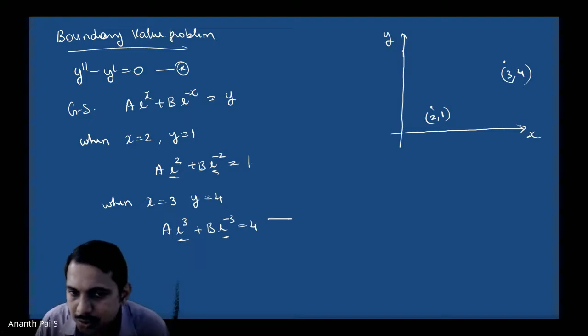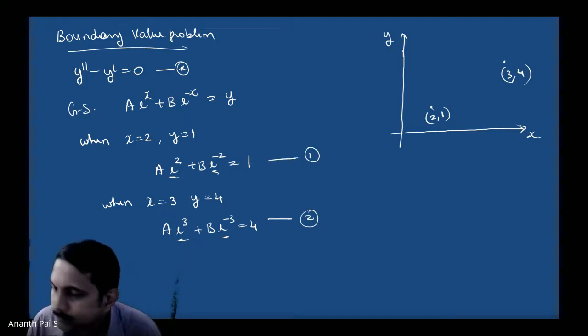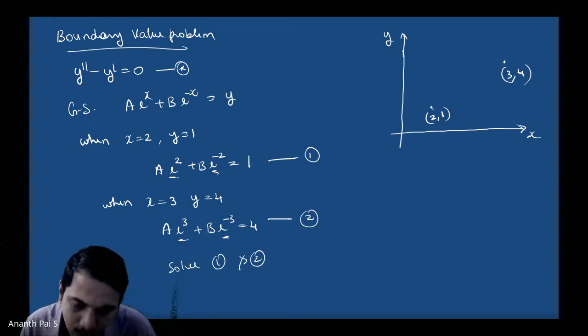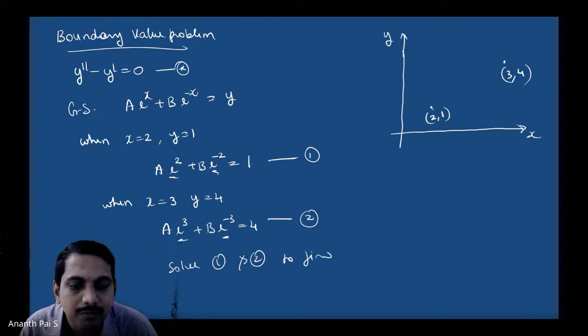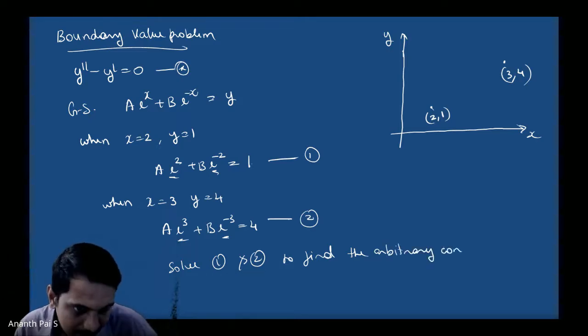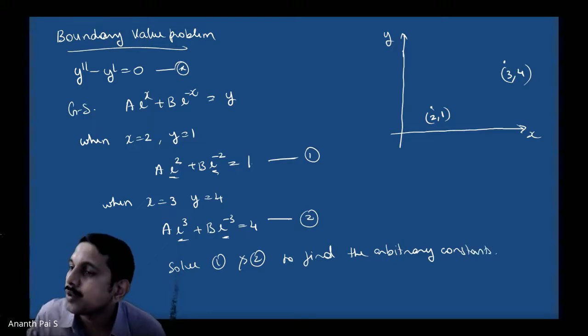So equation 1 and equation 2, solve them to find the arbitrary constants. This is a boundary value problem.